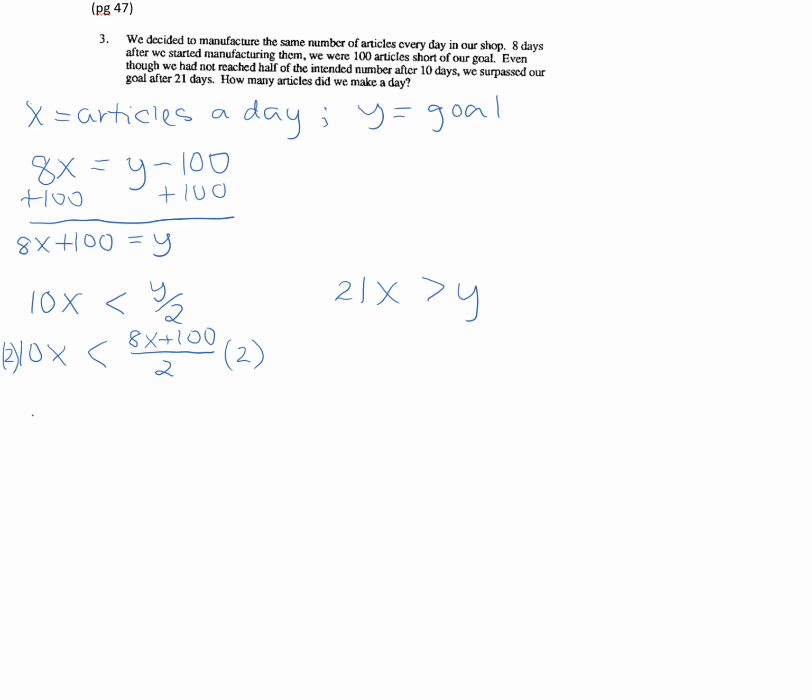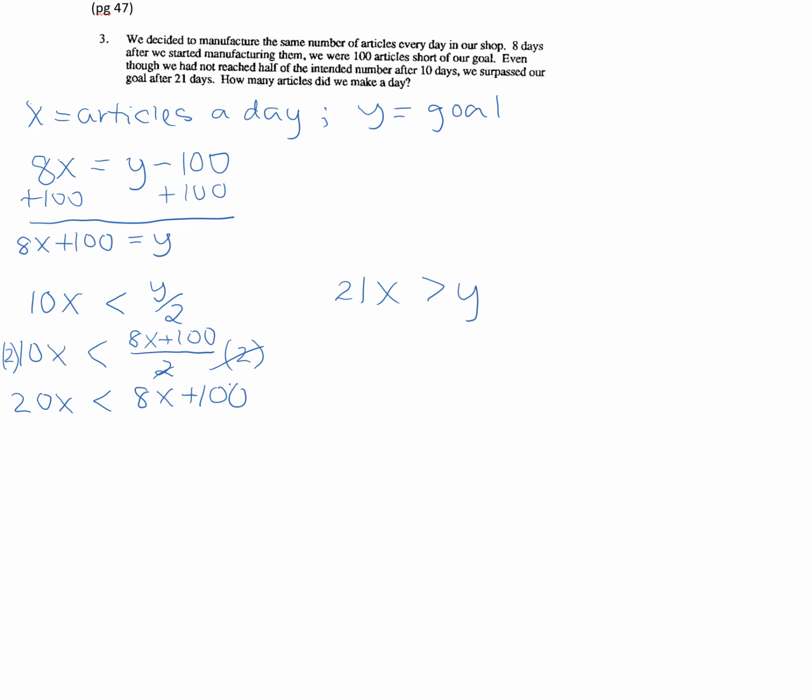And what I get is 20x is less than, cancels out, we have 8x plus 100. So in this case, I've multiplied by a positive 2, and I keep my inequality sign the same, but if it was negative 2, you remember that we would have to switch the inequality sign.